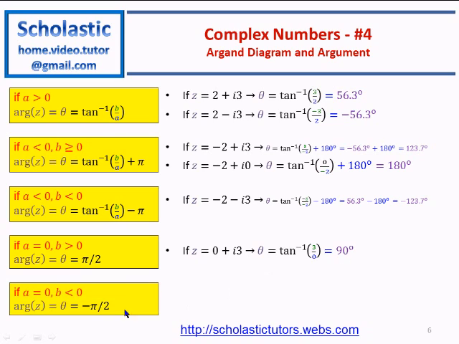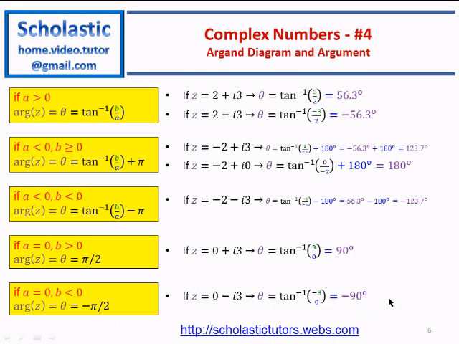The last case where a equal to 0, b is negative, the answer should be negative pi by 2. So an example, where z equal to 0 minus i3, so b is negative here, therefore theta equal to tan inverse negative 3 over 0, basically tan inverse negative infinity is equal to minus 90 degrees. Minus pi by 2 equals minus 90.